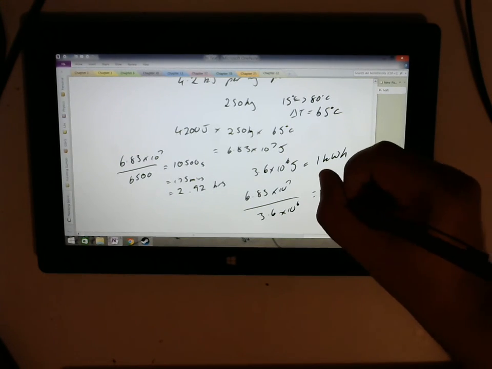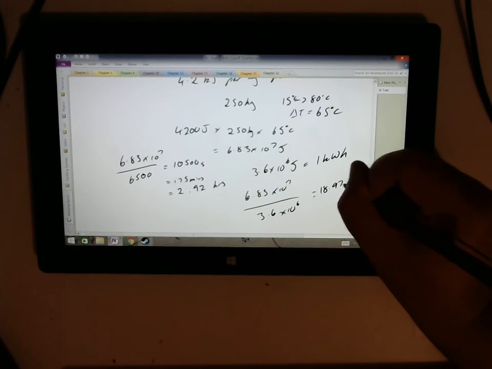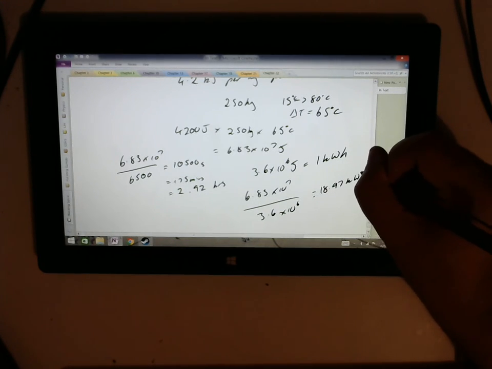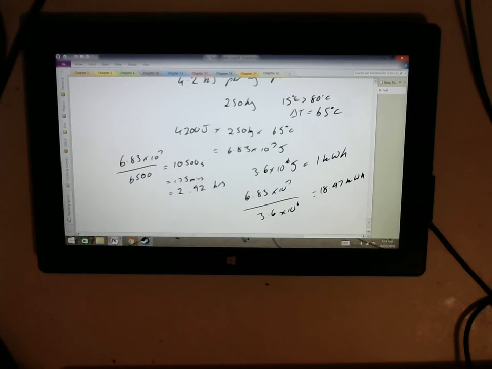So that equals 18.97 kilowatt hours. Let's check our answer key. For chapter 22, question 16b, energy is 18.9 kilowatt hours. With a bit of rounding error, we would have 19 rounded to one decimal place. That's pretty close, which is what we want. Remember, rounding errors don't get you marked down. You just need to show working.